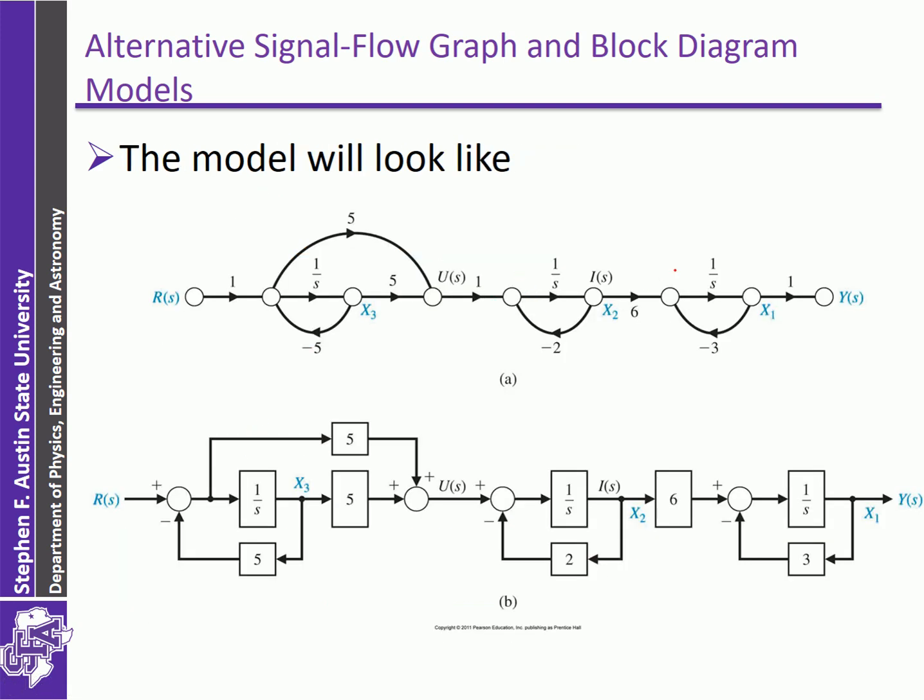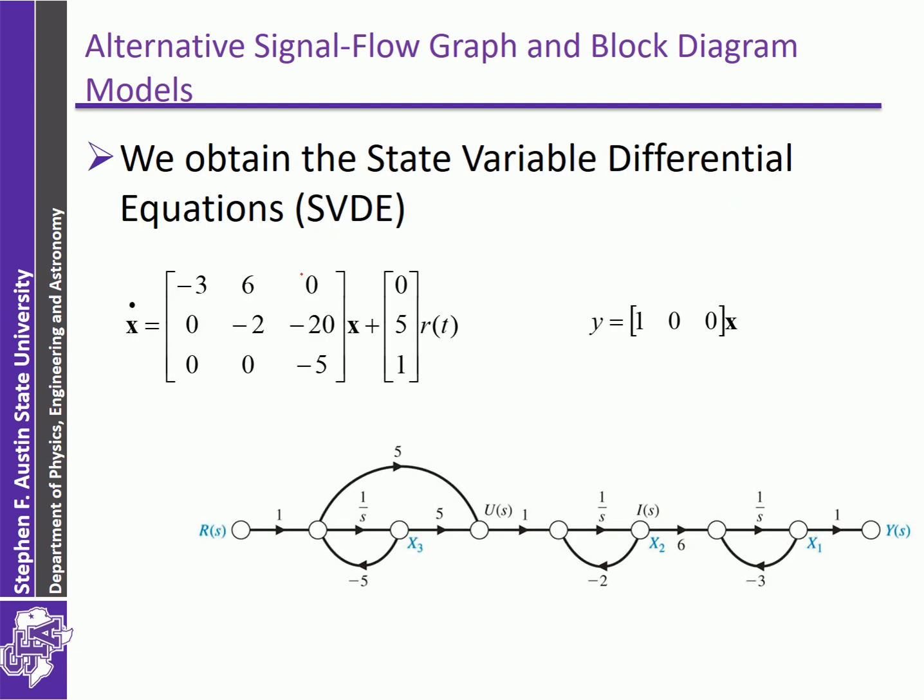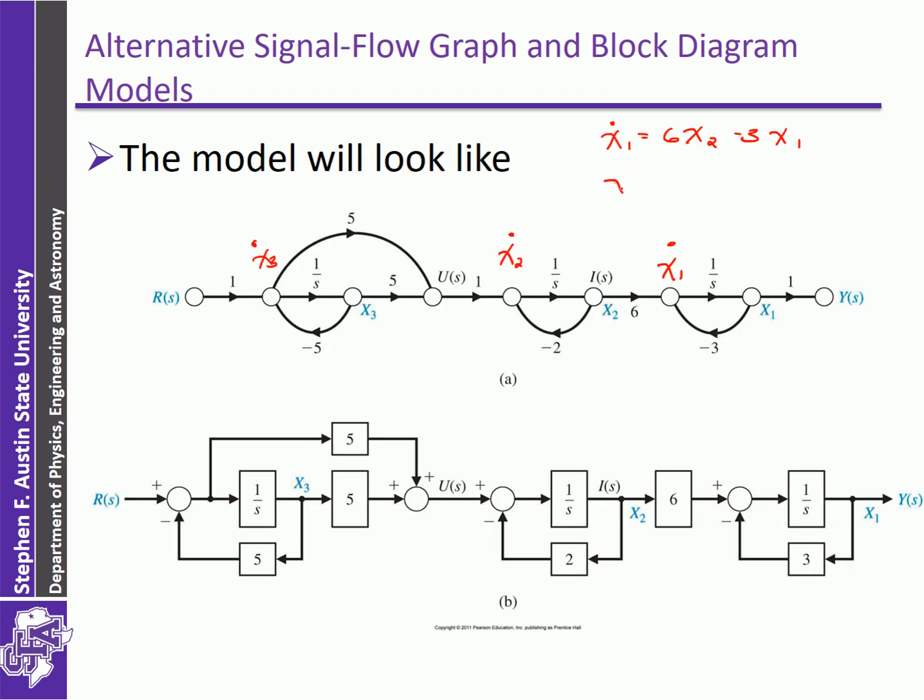So this is x1 dot, this is x2 dot, and this is x3 dot. We're going to find from our state variables that x1 dot will be equal to 6x2 minus 3x1. So we look at our matrix: minus 3x1, 6x2. x2 dot will be equal to what?